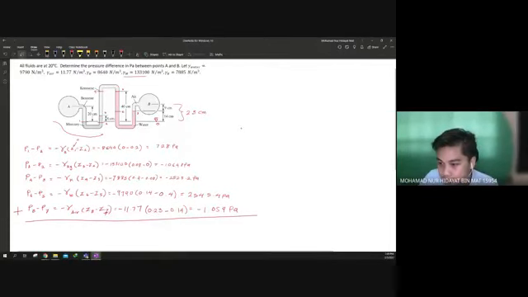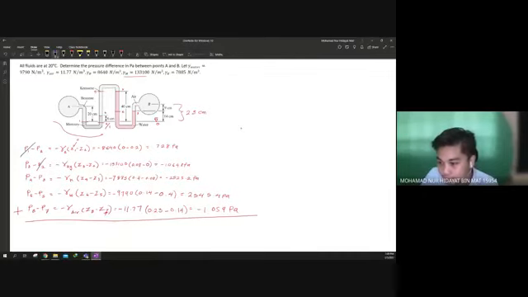You add P1 minus P2. Okay, you see P2. P2 is at the same line as P1, right? The same, right? So P2 is actually equal to P1. So P1 minus P1 cancel. Okay, guys. So P3, you look at P3.